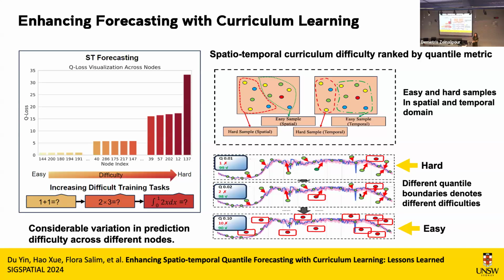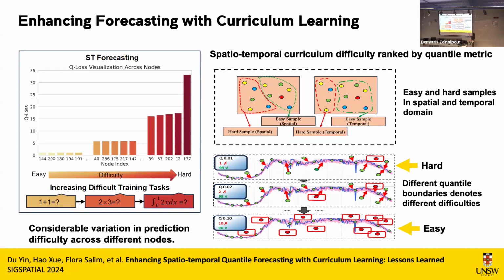So we introduced curriculum learning for forecasting in this paper. The way to do this is we can start to visualize the nodes that are easier to predict and the nodes that are harder to predict based on the distribution.